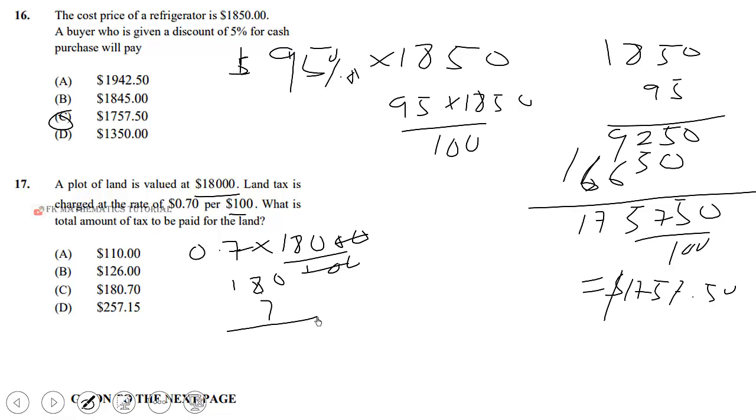So 7 times 0 is 0, 7 times 8 is 56, so I have 6, carry 5, 7 times 1 is 7, plus 5 gives 12. So that will give you 12,600 divided by 10, which is 1,260. So 0.7 times 1,800 will give you $1,260.